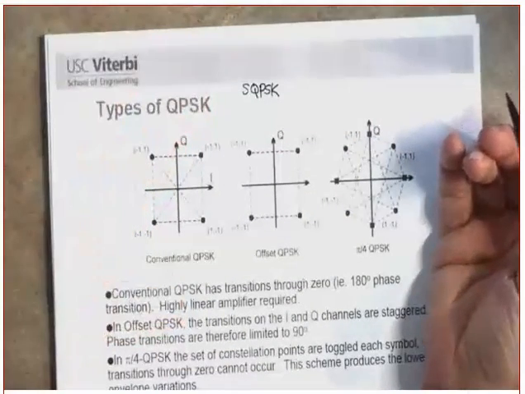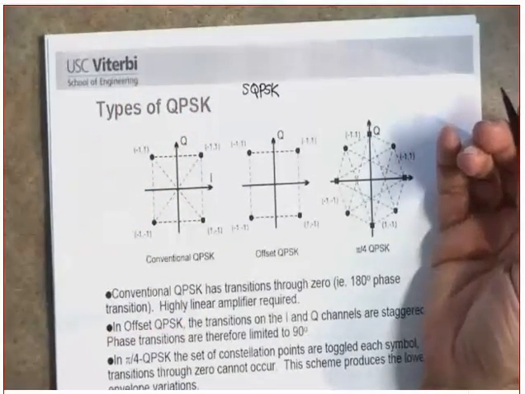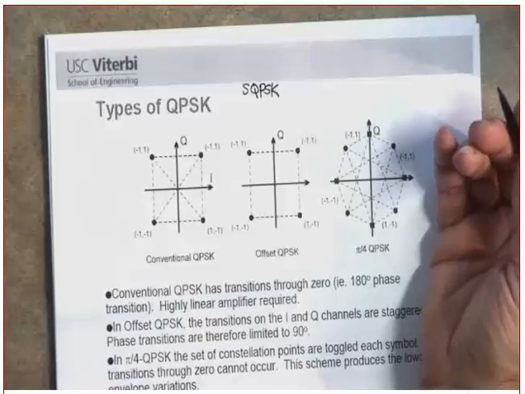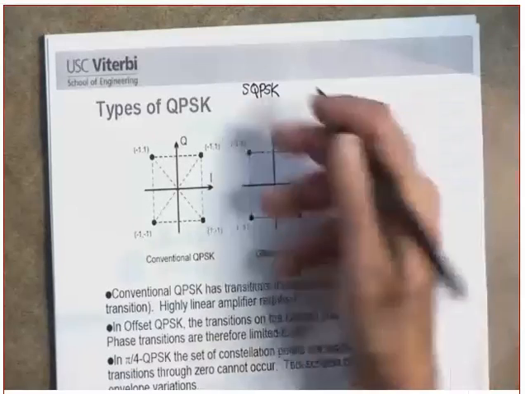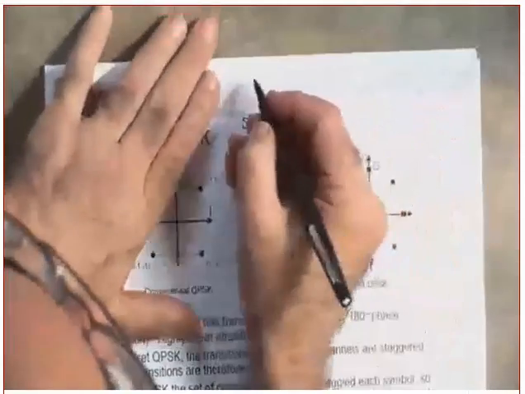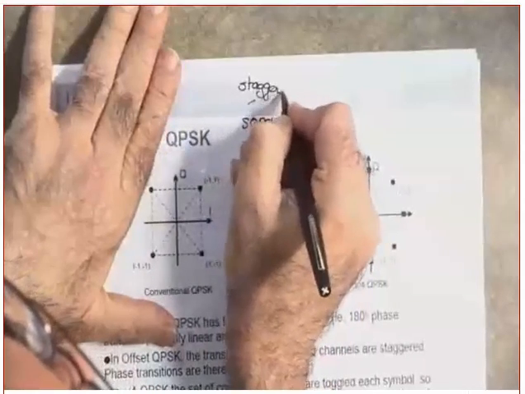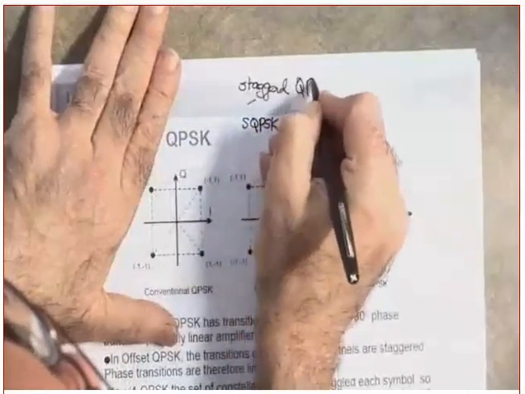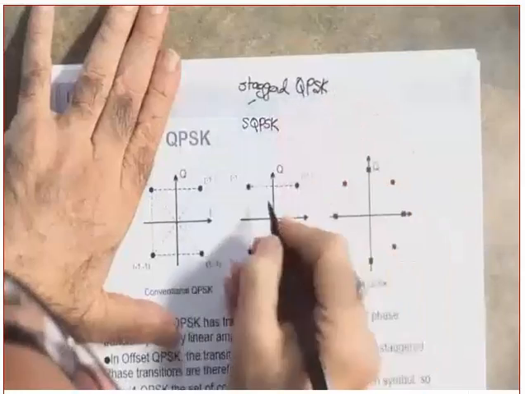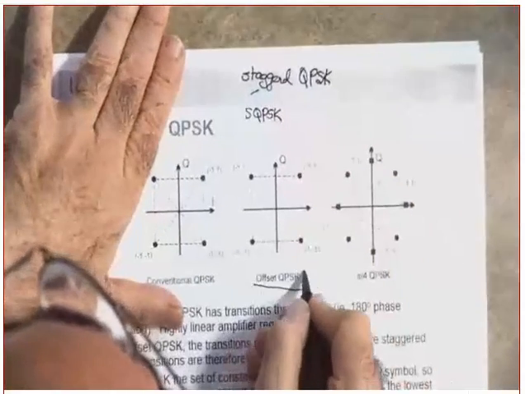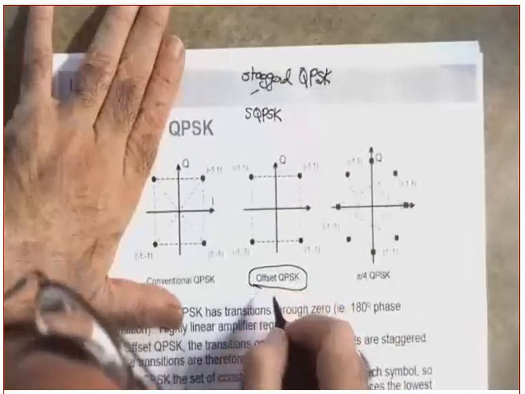Did you take 567? How about 475? We did not discuss this? Staggered QPSK. Better known, of course, is offset QPSK. I will show you what that means in just a second.